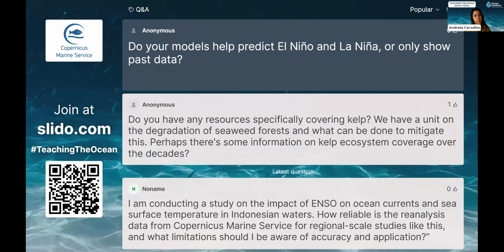So if we are looking at, for example, El Niño or La Niña a few months in advance, we wouldn't be able to see that. But it depends. If we are looking into the next 10 days, we would be able to tell you a bit more about the conditions in the ocean. Yeah.